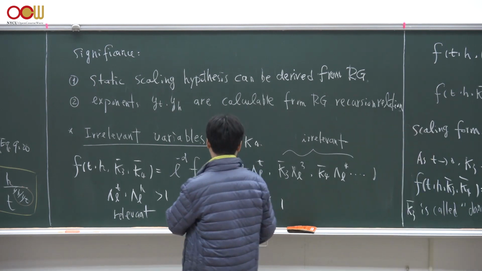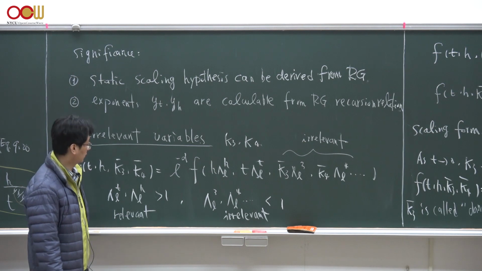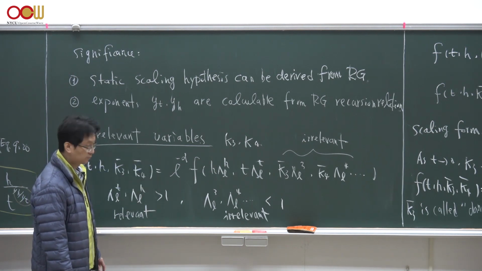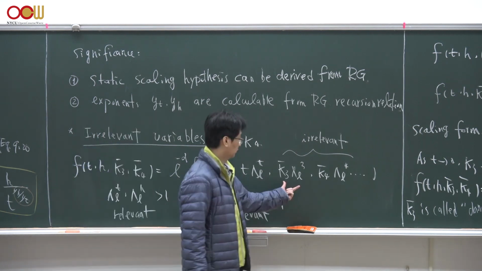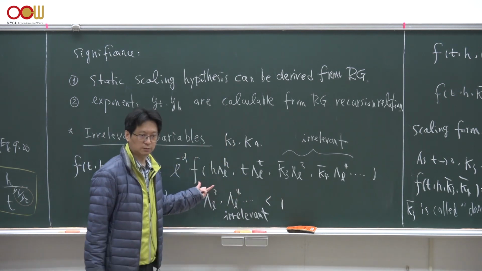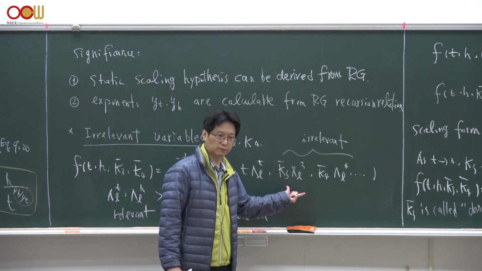Remember that both t and h are relevant variables in the RG that we showed earlier, but in many cases the Hamiltonian of some model systems not only depends on these relevant variables, but also on some irrelevant operators or irrelevant variables.